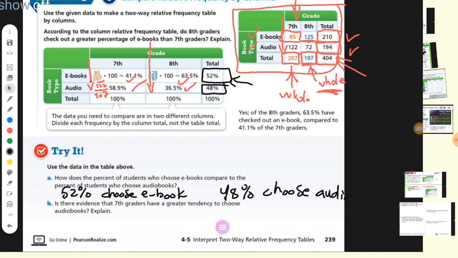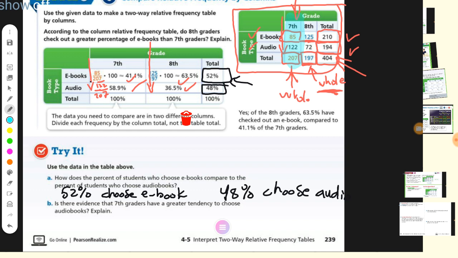He asks me about the 7th grade, so I will look at the first column, and see the records of the first column. The number who prefer ebook in the 7th grade is 85, and the number who prefer audiobook is 122.